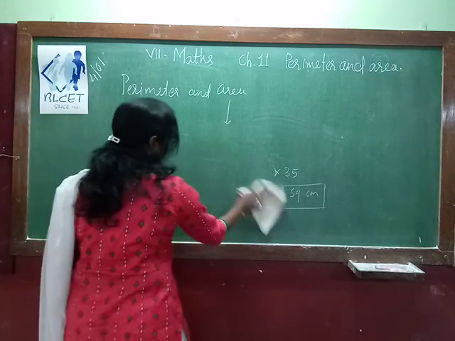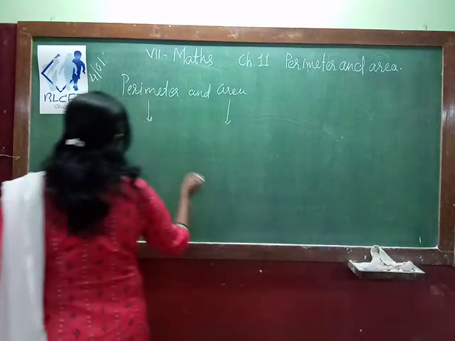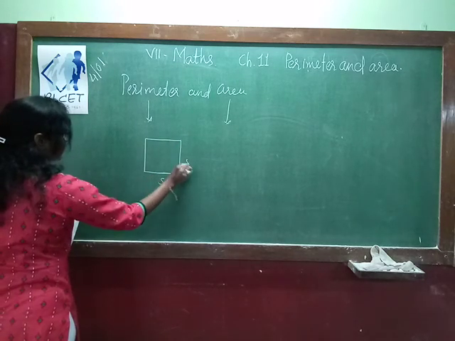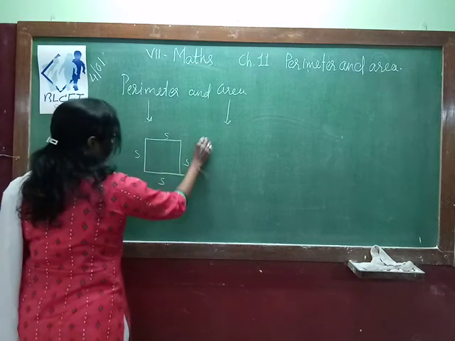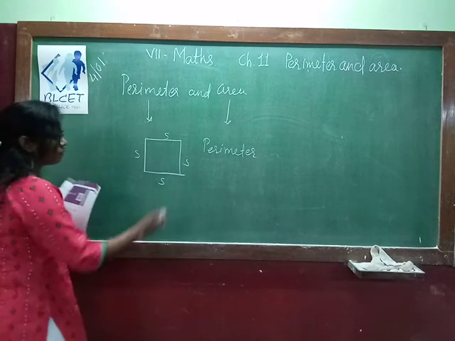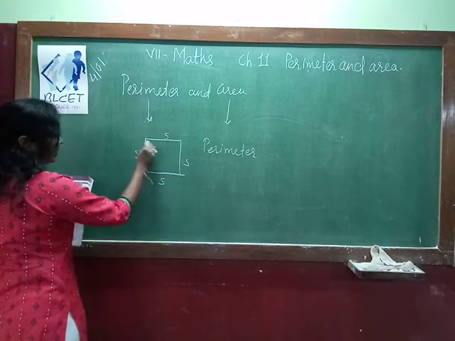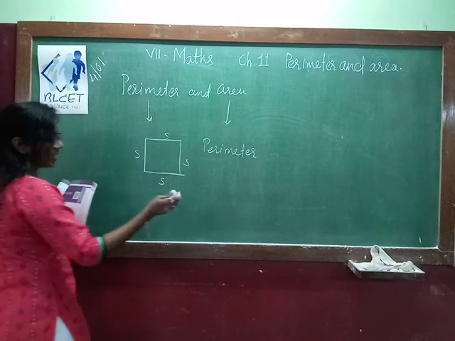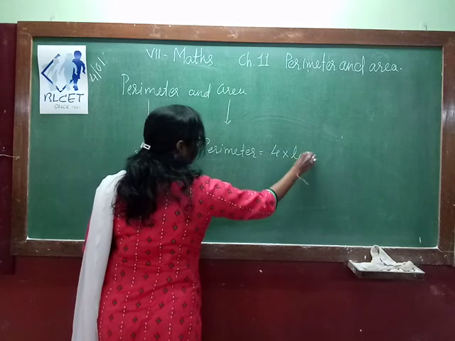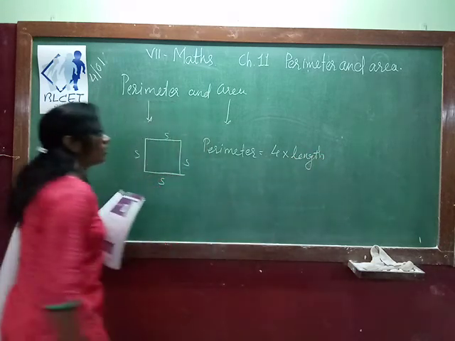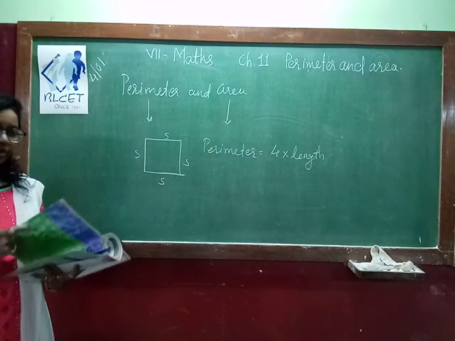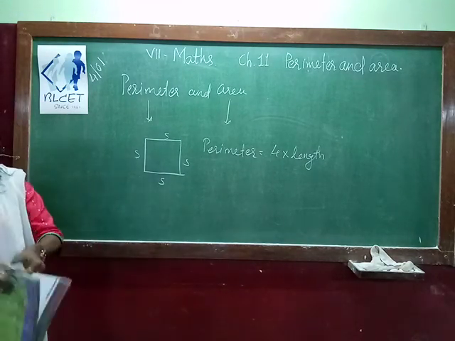This is a square, and each side is the same. We know that perimeter means the sum of all these sides. In a square all the sides are equal and each side is repeated 4 times. So 4 multiplied by length, that is the perimeter for a regular polygon. That is 4 into side, or 4 into length also you can say.